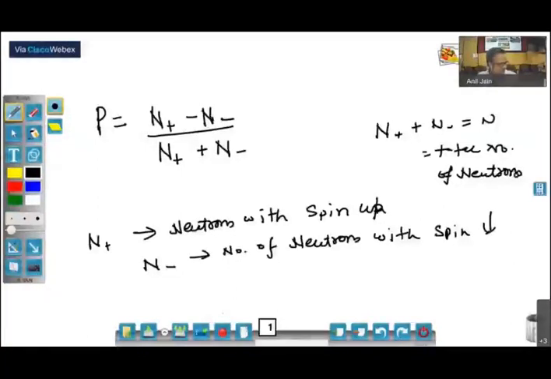So now let's take an example to understand how to get this polarization of the neutron beam.